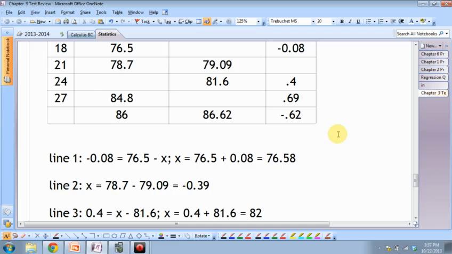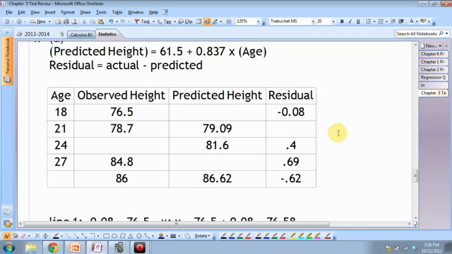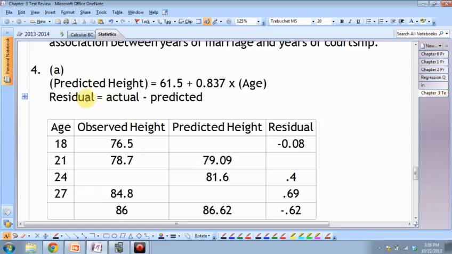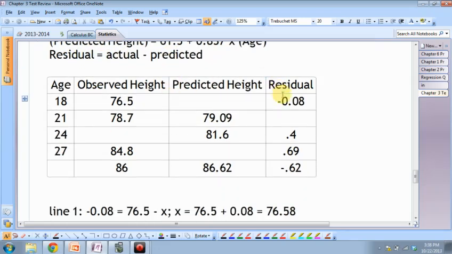So, I think the big thing here is, in period 1 it was kind of confusing because we didn't see the numbers. So I thought I'd recreate the chart here and remind you that a residual is equal to the actual minus the predicted. So if this is a residual right here, this negative 0.08 is equal to the 76.5 minus this unknown value.